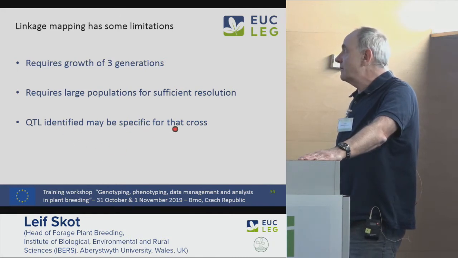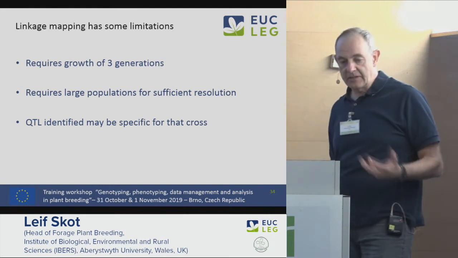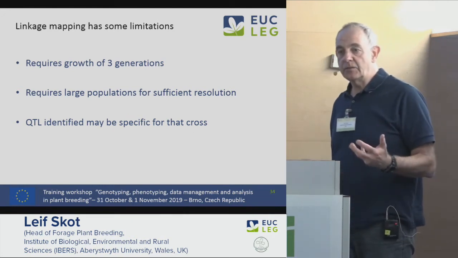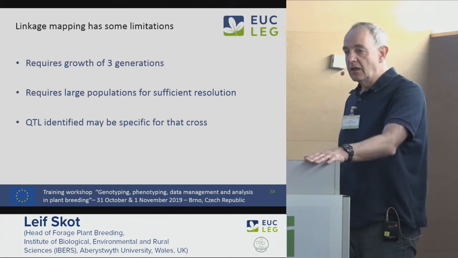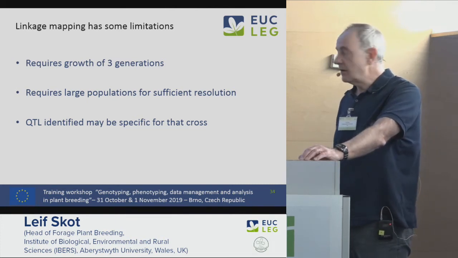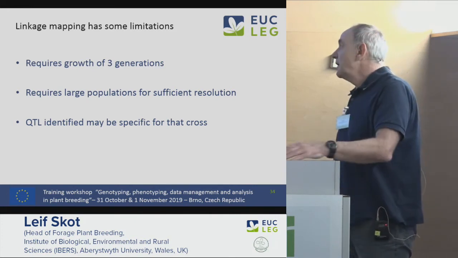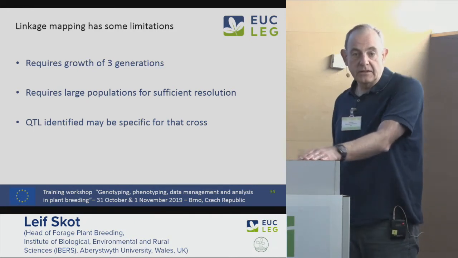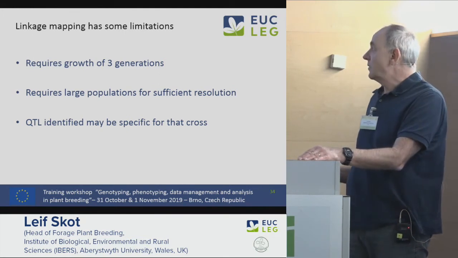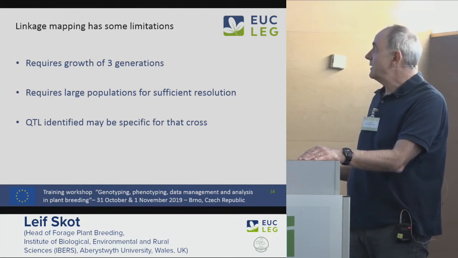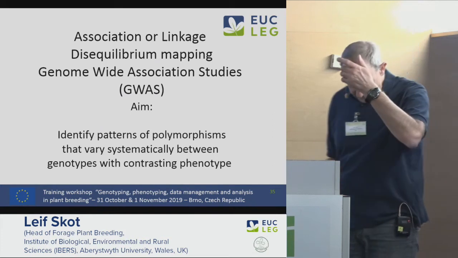Also, the big thing is that when you identify QTLs in a specific population, it may not be relevant for your breeding population. It may be specific for that cross, and when you try to identify it in the breeding population, it may not be there. That's a well-known argument for the limitation of using mapping populations.